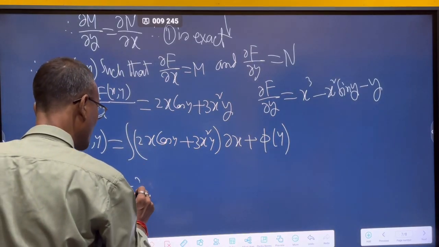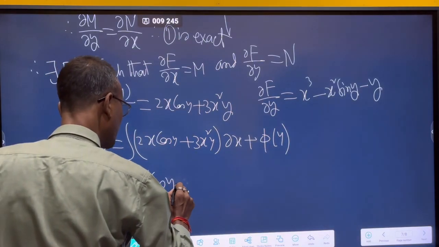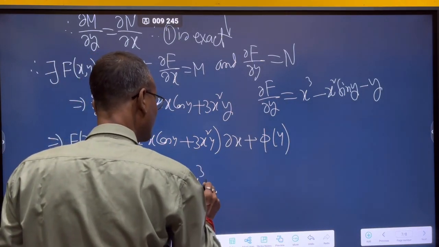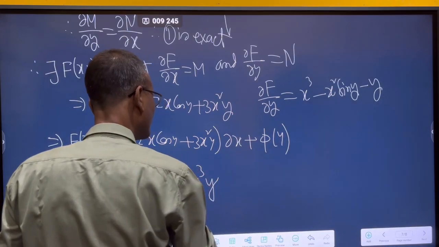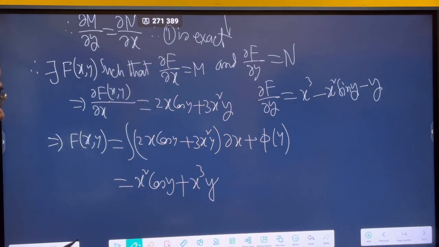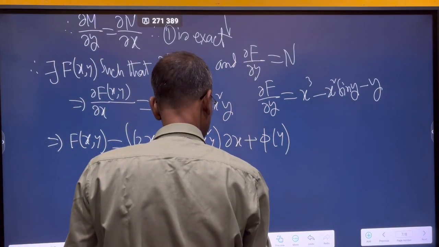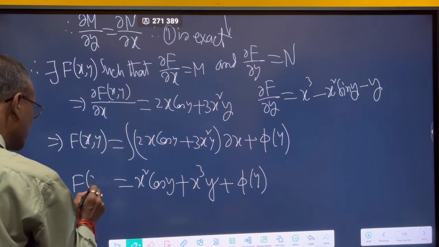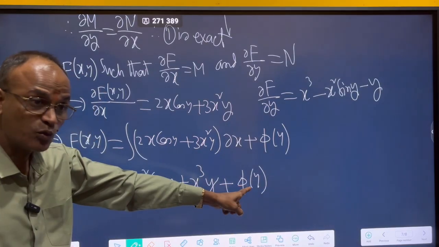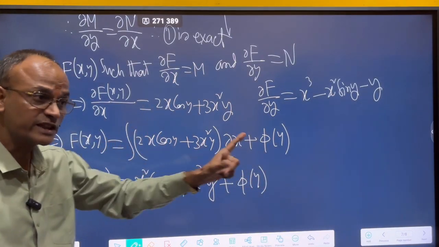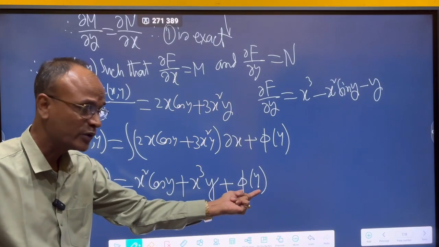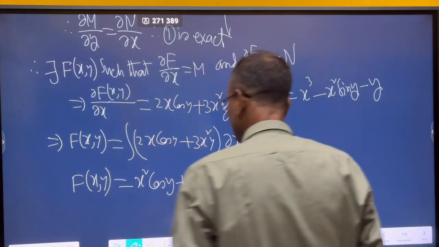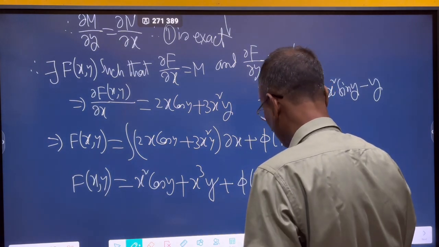It will be x square cos y plus x cube y plus phi y. This is f of xy. Actually the solution is f of xy equal to a constant, and in addition we have to find this phi y. Suppose this is number star.